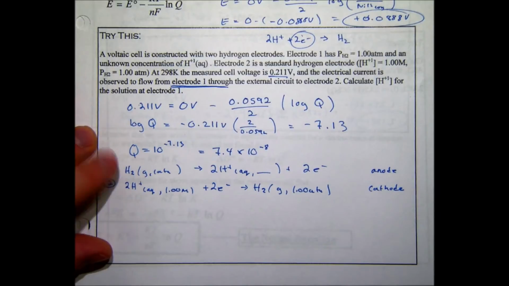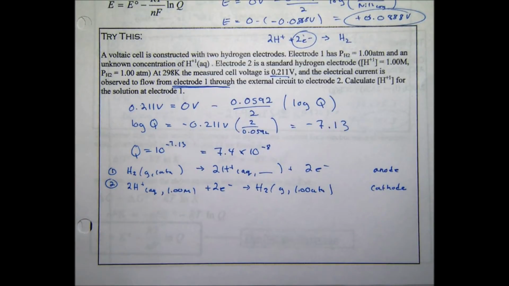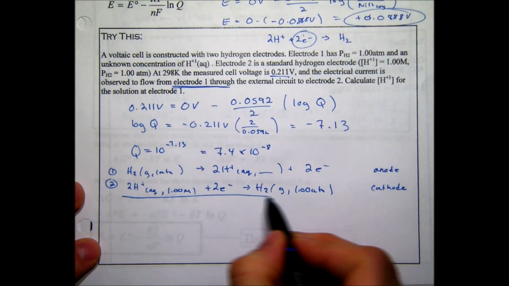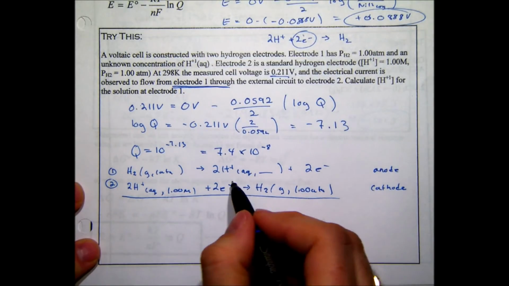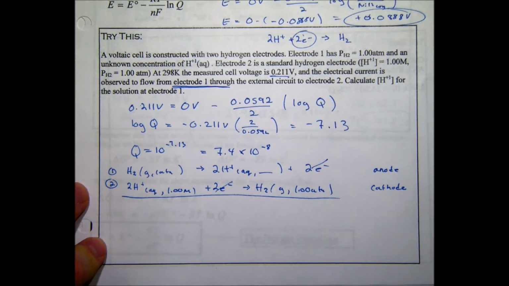So these are both the standard hydrogen electrode, so we know we're at 0 volts. But when we add these up, that's where this becomes a little bit more interesting.